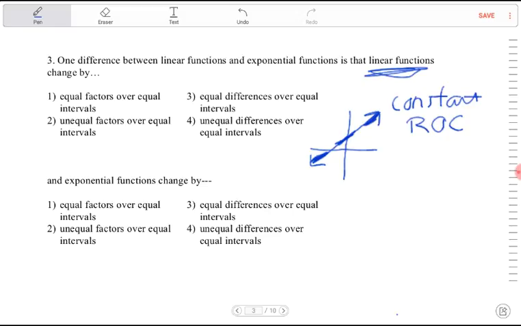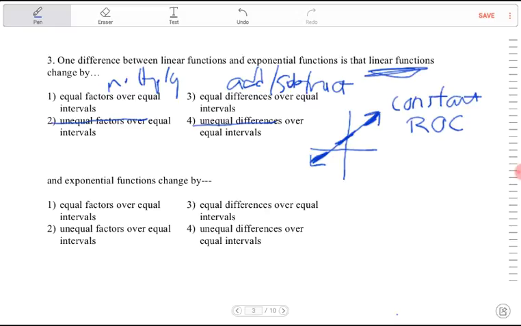Well, we've never talked about unequal anything when it comes to linear functions. That eliminates choice 2 and choice 4. Now we have choice 1 and 3, equal factors or equal differences. A factor means to multiply, and a difference means to add or subtract.